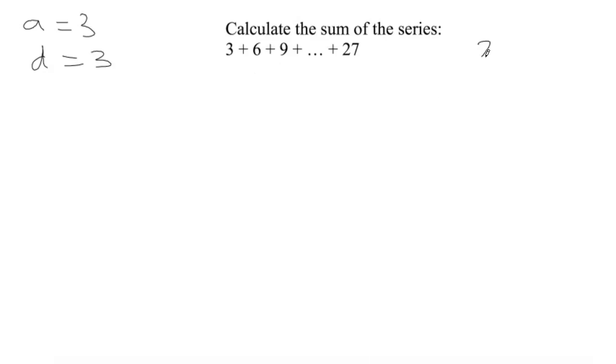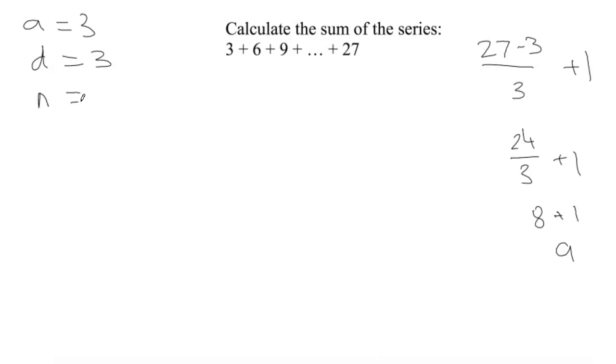So 27 minus 3 divided by 3 plus 1 equals, well, that is 24 over 3 plus 1. So 8 plus 1 equals 9. You could have simply done that by seeing that this is the multiples of 3, but this is more reliable. So N equals 9.